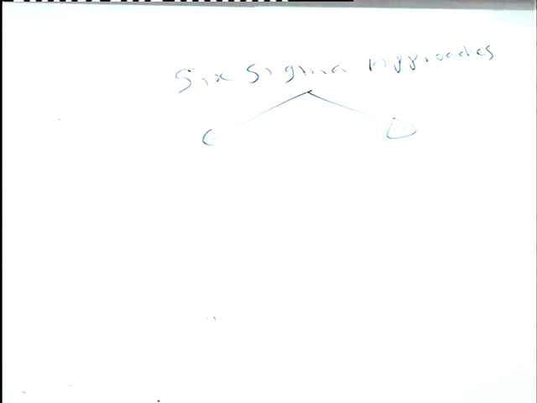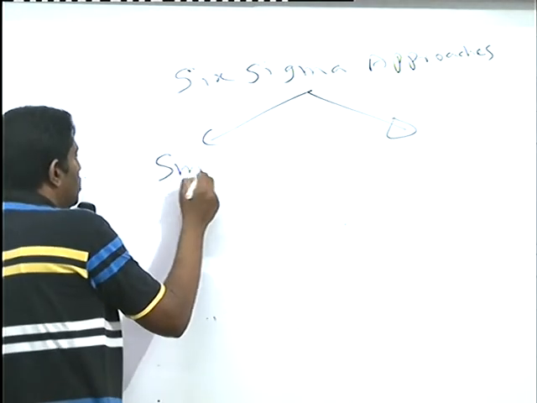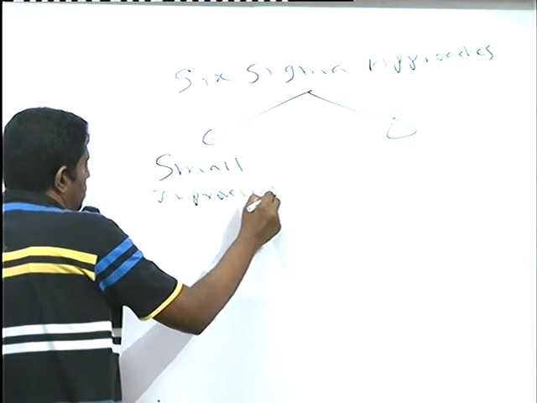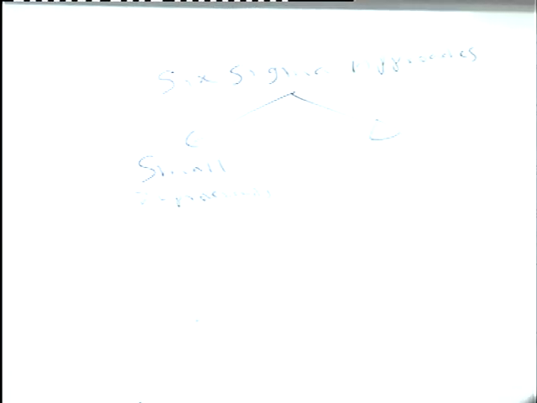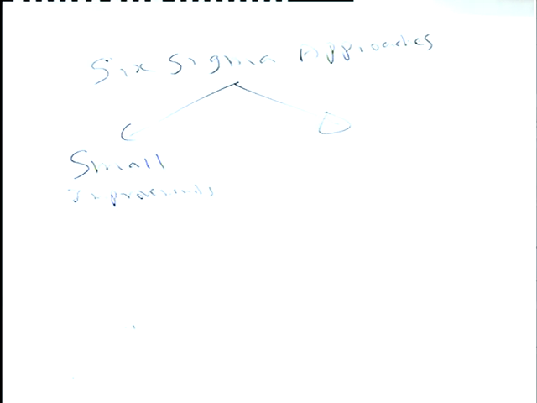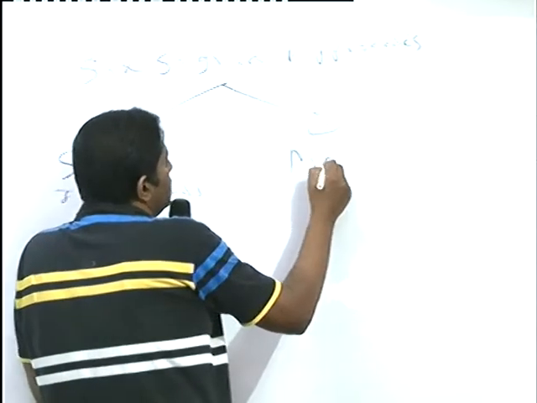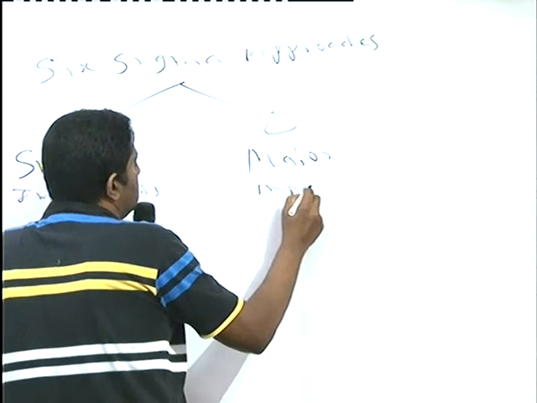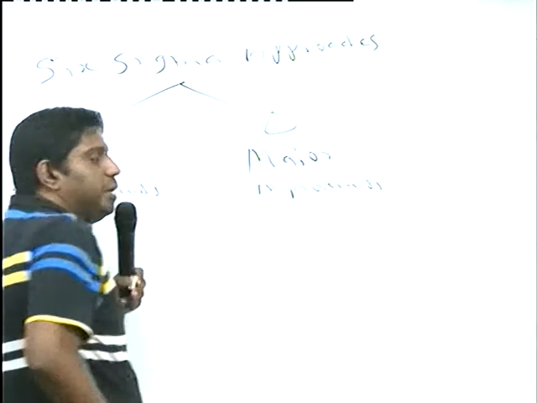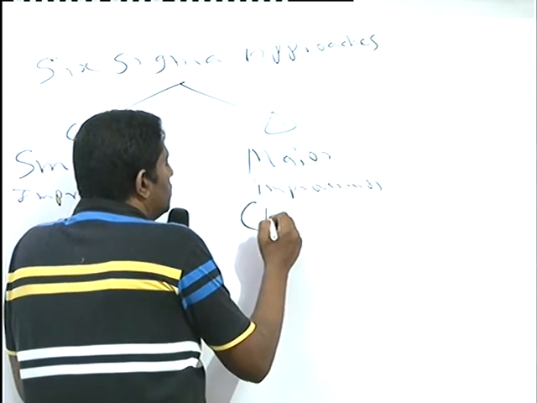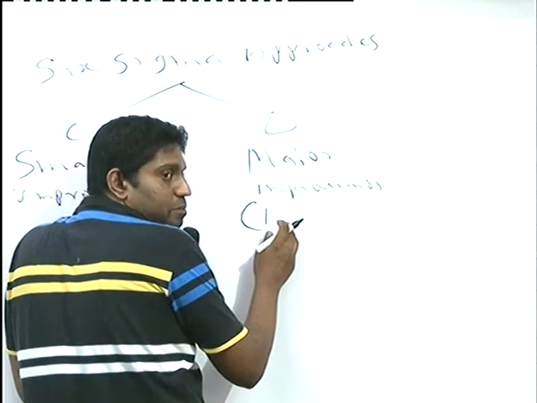One is if you go for small improvements, the approach you are going to use will be different from major improvements. In other words, major improvement means redesign of the existing system, right?